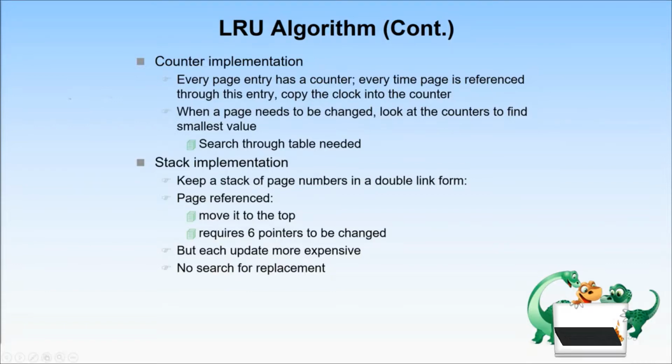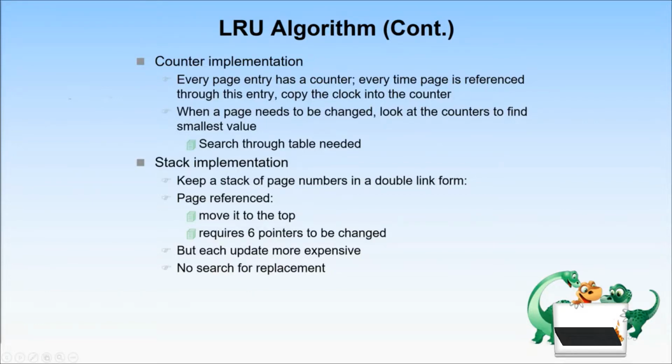Now for the stack implementation, another approach is to use a stack, and whenever a page is accessed, pull that page from the middle of the stack and place it on the top. So the LRU page will always be at the bottom of the stack. Because this requires removing objects from the middle of the stack, a doubly linked list is the recommended data structure.